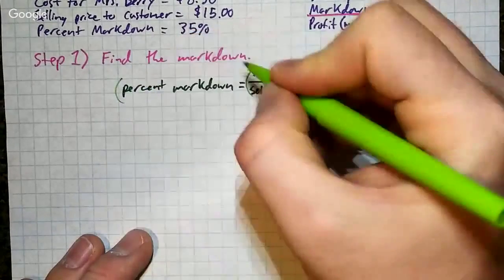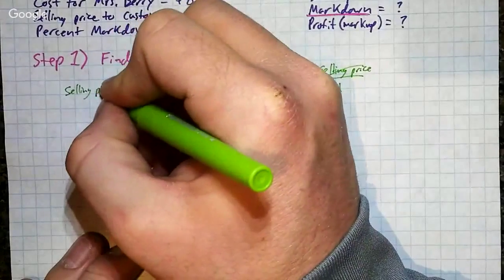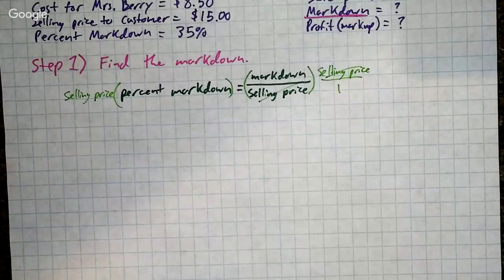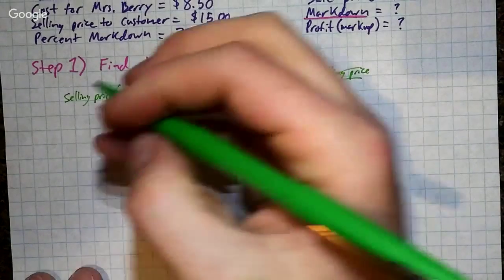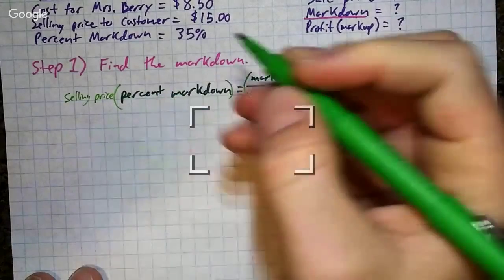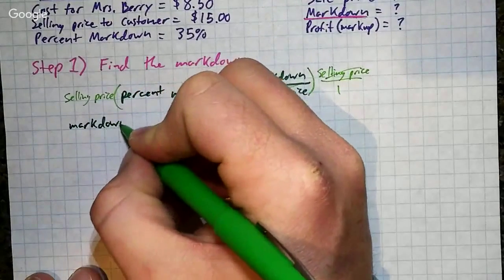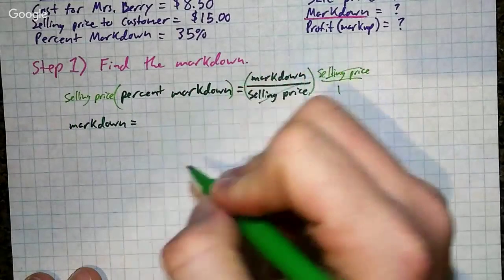And I'll do the same thing over here. Multiply this by the selling price. Now we have a much easier thing to plug in, because the thing we are missing is going to be alone. So our new equation, with the one we want to find by itself, is: the markdown equals selling price times percent markdown.